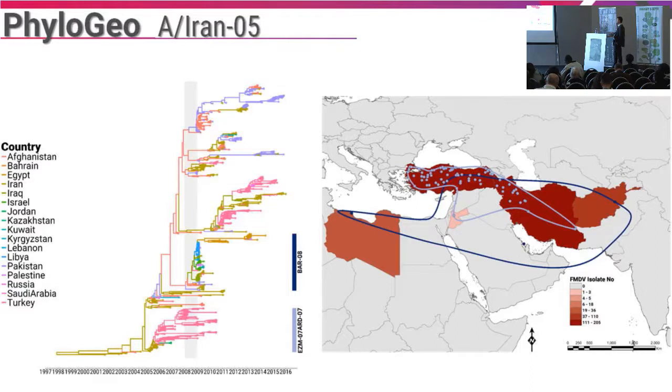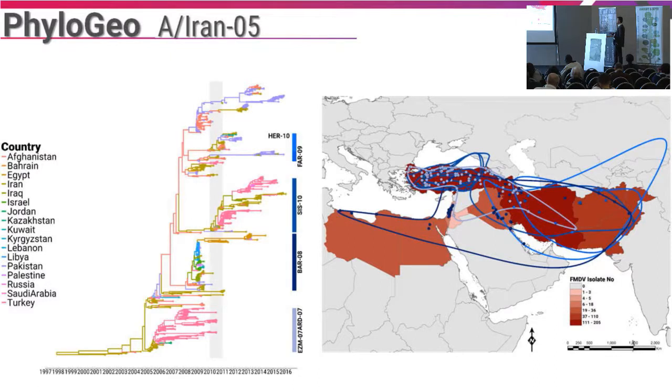As before for Pan-Asia 2, there is a geographical clustering where some sublineages, like FAR09, cluster around the Afghanistan, Pakistan, Iran ecosystem, and something like Bahrain 08 has a much more widespread diffusion within the region. This is clear as well for CIS-10 and Iran 10, where something like HER10 clusters again in the Pakistan-Afghanistan ecosystem and Iran, and the other one spreads further to Turkey.